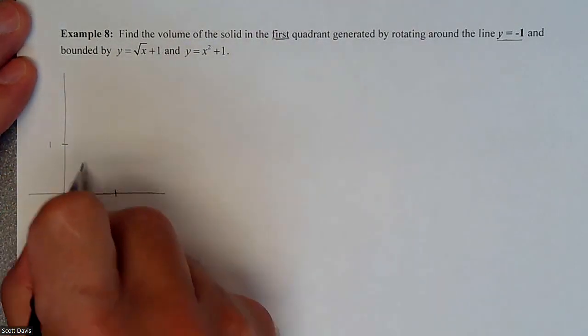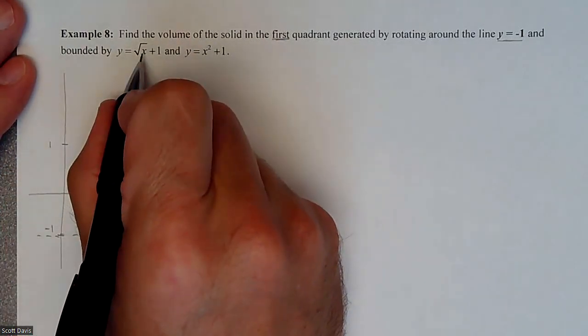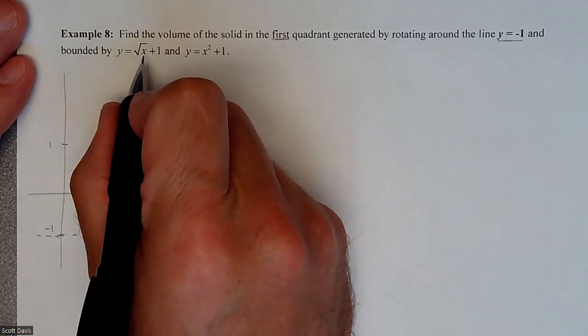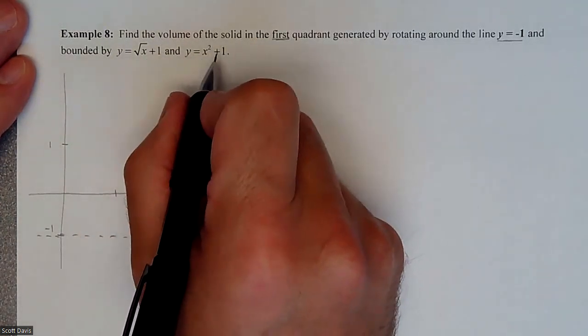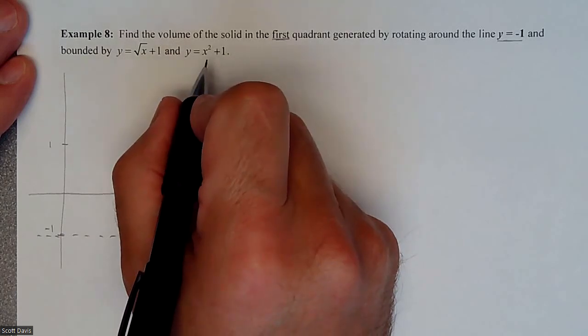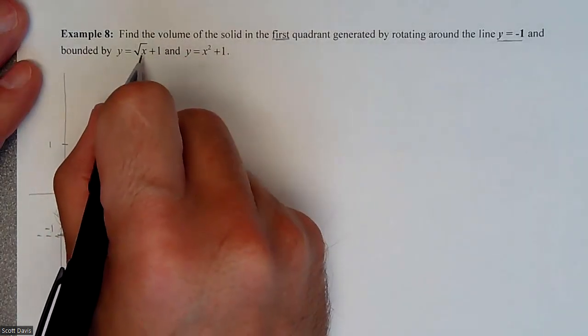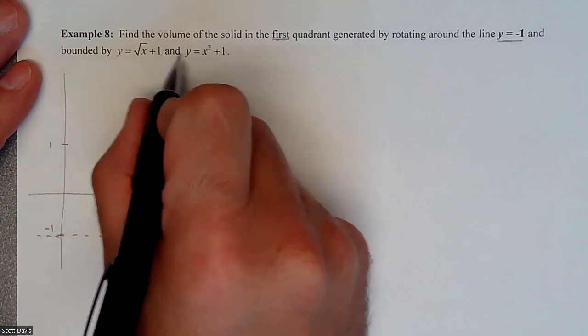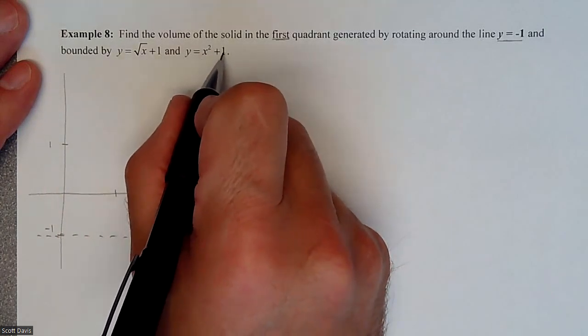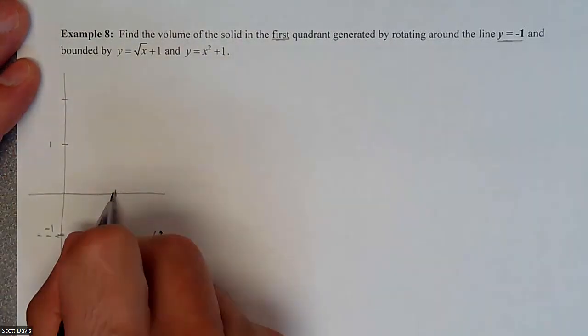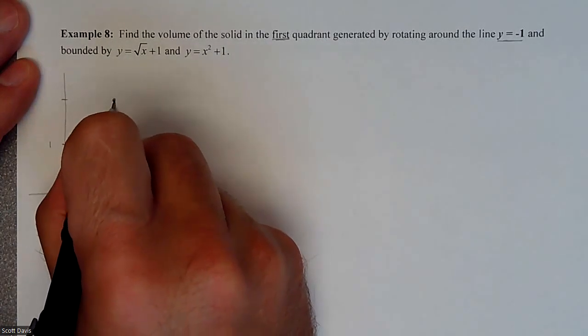I've got to figure out my bound. If I take this equation and set it equal to this equation and solve it, or do this visually, the square root of 1 plus 1 gives me a 2, and 1 squared plus 1 gives me a 2. So they're going to cross each other at this spot.